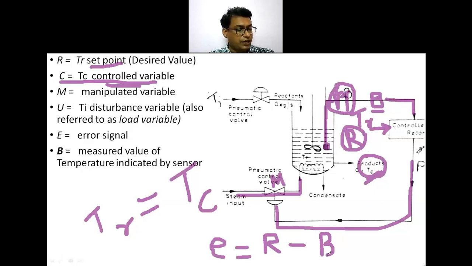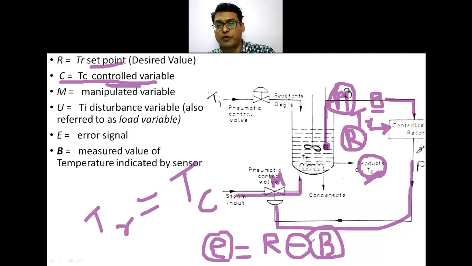So this is the negative feedback control system. Set point minus the measured value. R is your set point and B is the measured value. Minus B is your negative feedback, the minus sign with the measured value. So this is termed the negative feedback system.